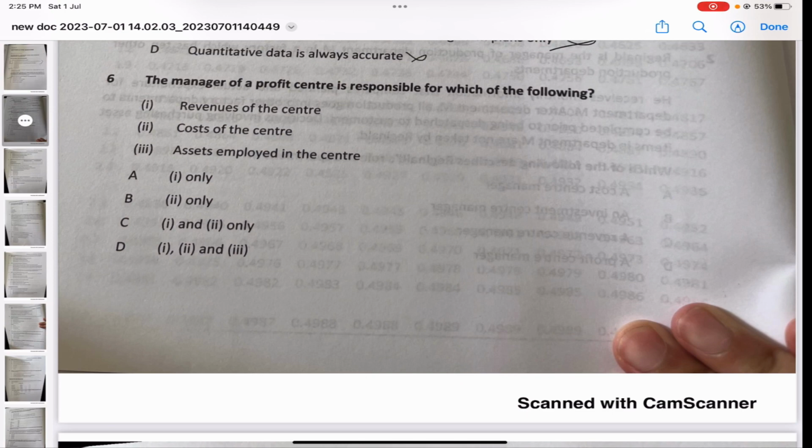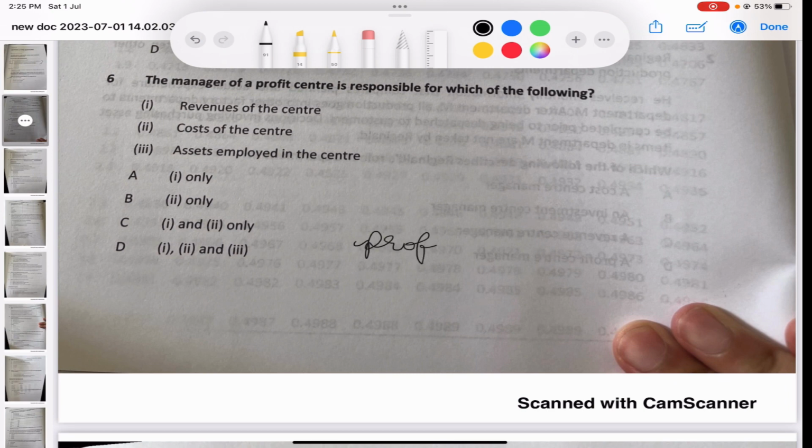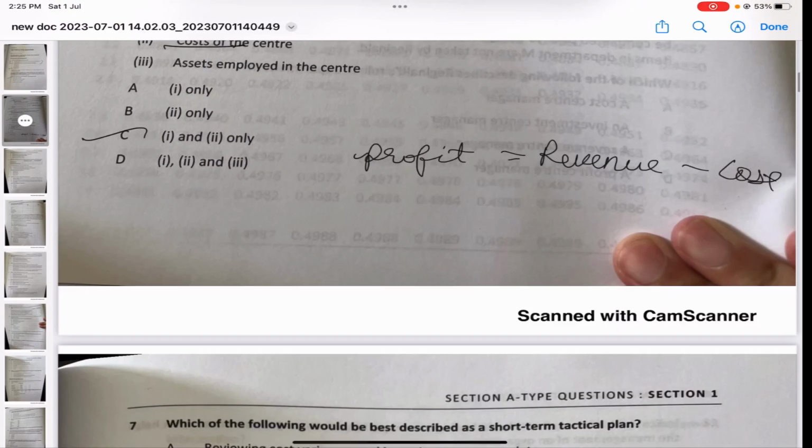So when we are talking about profit, what was the formula of profit? Revenue minus cost. Whatever revenue you have earned, from that if you remove the cost, the difference is going to be the profit, right? So obviously the manager of a profit center would be responsible for the revenues as well as cost in that center. So my answer is 1 and 2 only, which is C.